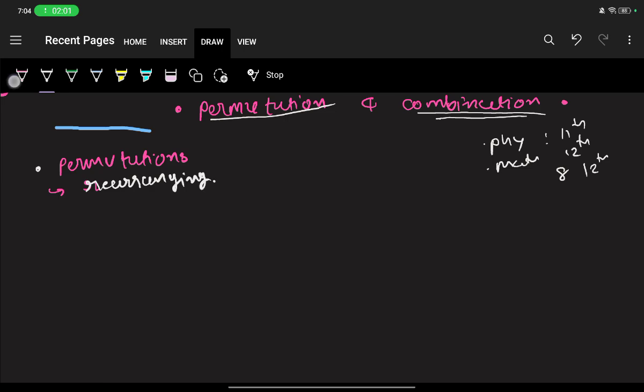And what about combination? Combination is a way of selecting several things out of a larger group, where unlike permutations, order does not matter.